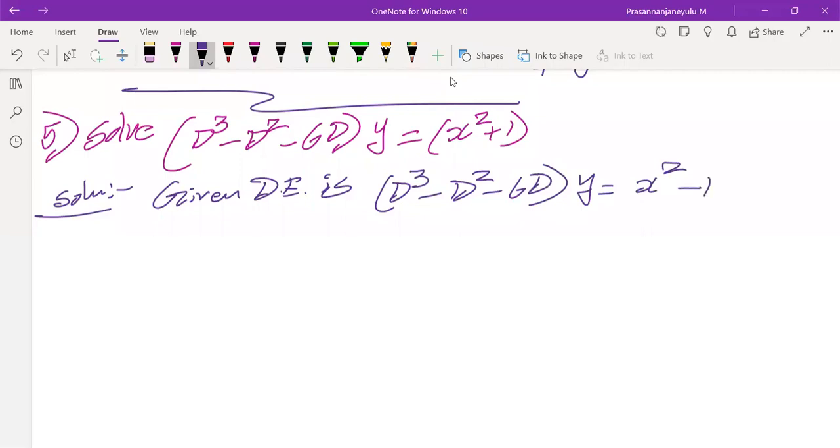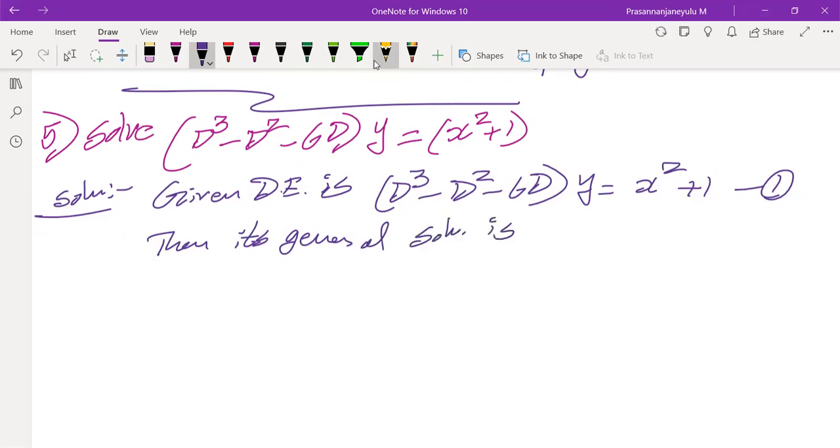What is this? It is a non-homogeneous third order linear differential equation with constant coefficients. So what is the general solution? Its general solution is y equals yc plus yp. This is our procedure.